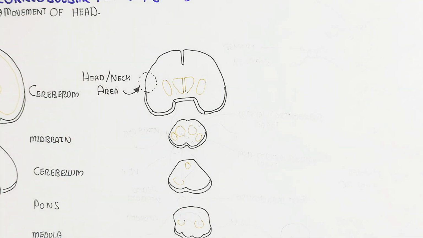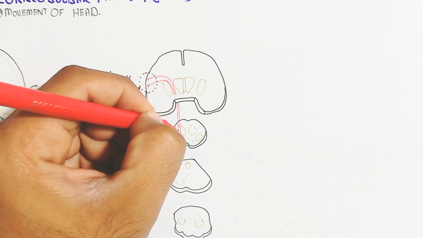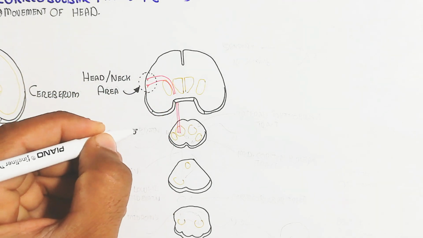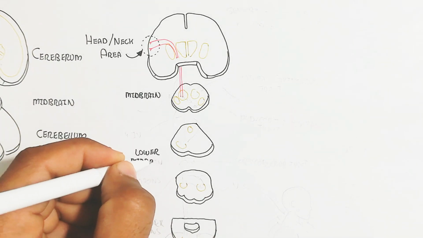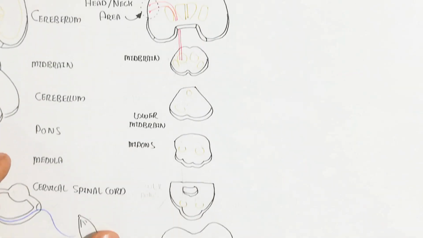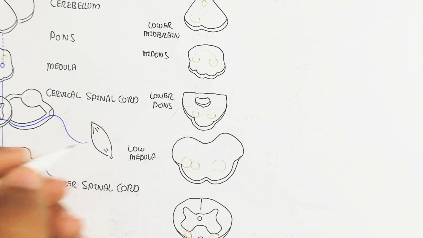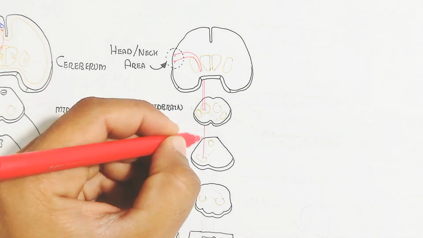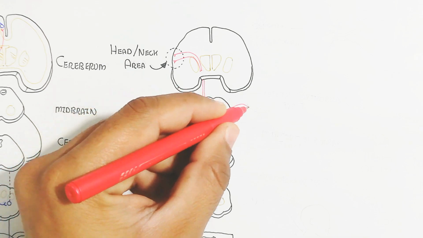The upper motor neuron will travel down after the sensation due to stretching of the muscle or other stimuli, going into the midbrain and lower midbrain, to the mid pons and the lower pons, and then the lower medulla at the medullary cord junction.